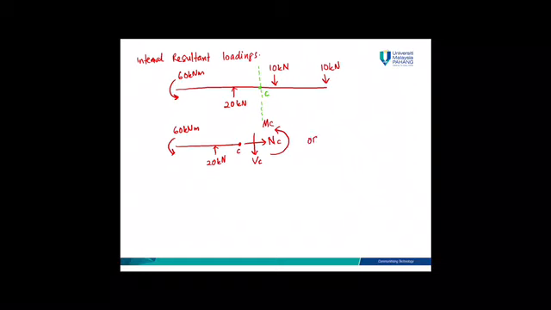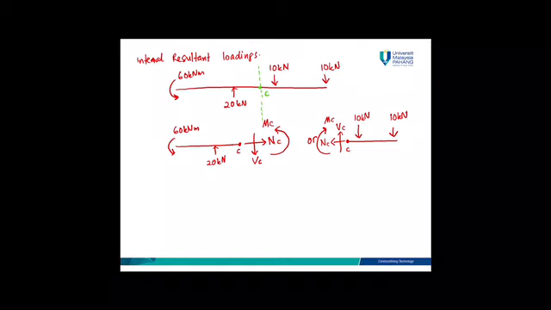If you take from right, then you will have this value of 10 kilonewton applied load, 10 kilonewton for support reaction, and the point C, NC, VC, and also a moment.